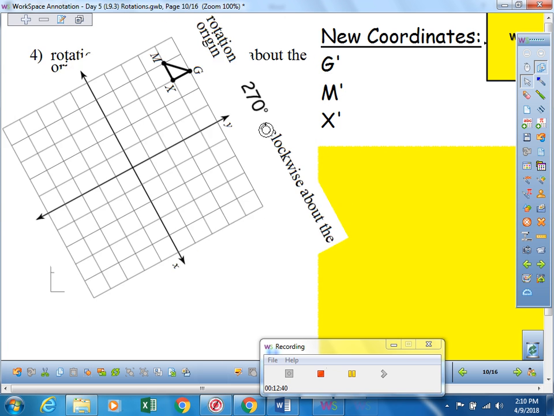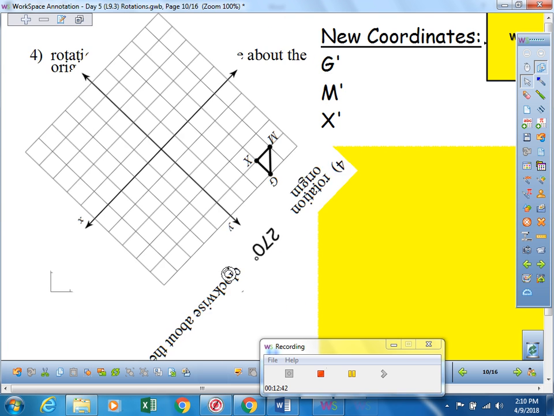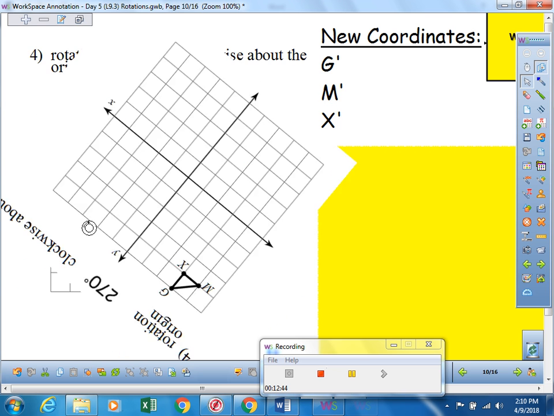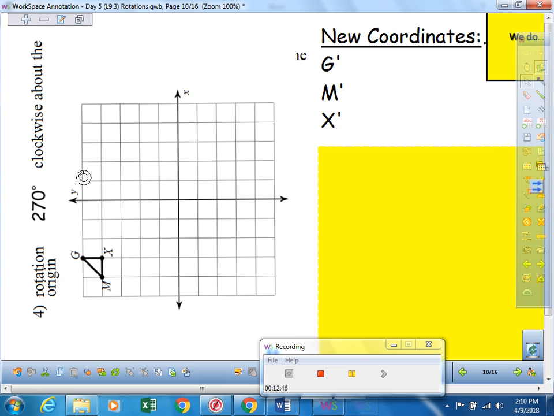So that's 90, 180, 270 clockwise. Write down your ordered pairs. And do you have to write your ordered pairs? Yes, you do.